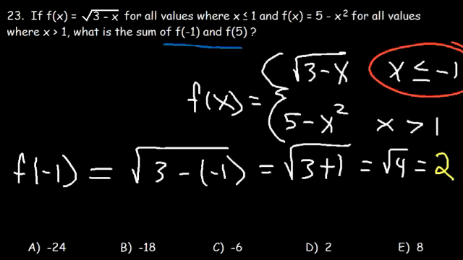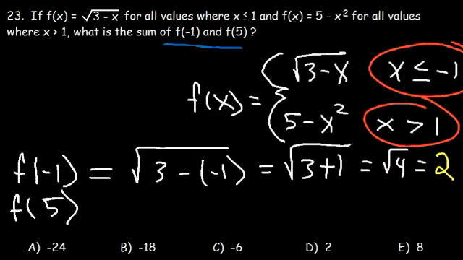So now, what about f of 5? Should we use the first equation or the second equation? 5 is greater than 1, so it's in the second equation. So it's going to be 5 minus 5 squared if we replace 5 for x.